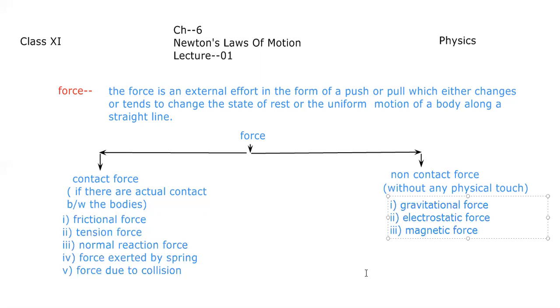So force definition, force types, contact force types, non-contact force types, all points are clear to all of you. Is there any doubt? Then tell me. The types of contact force will be studied further in this chapter in detail, so don't panic if you don't know what frictional force or tension force is. Now the next heading, that is inertia.